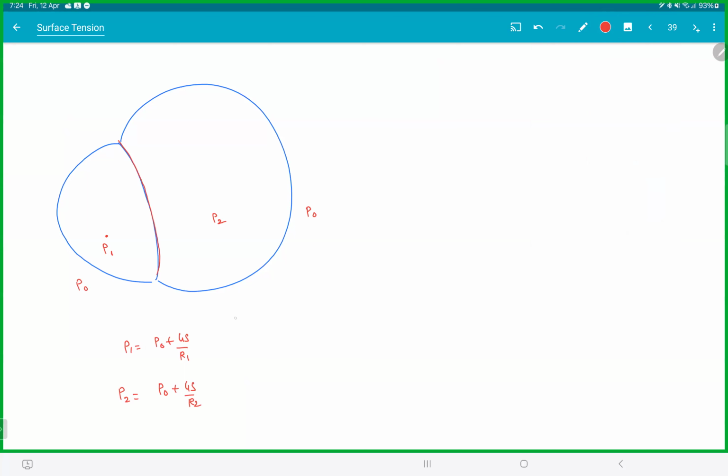And for this interface, P1 minus P2 should be 4S by R, the excess pressure, because this P1 will think this itself is a bubble. So have the values here. So 1 by R is 1 by R1 minus 1 by R2. Standard formula, you need to remember this.